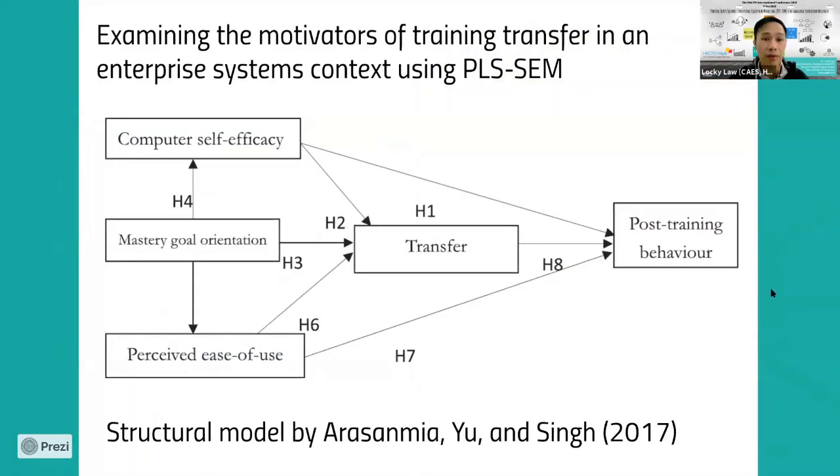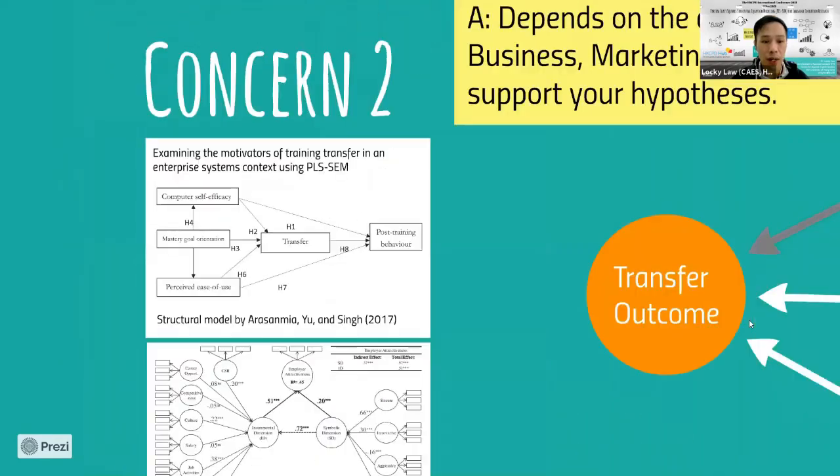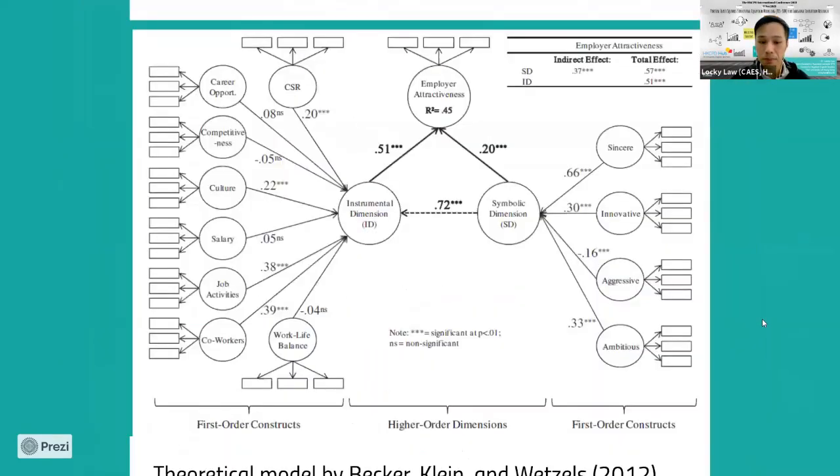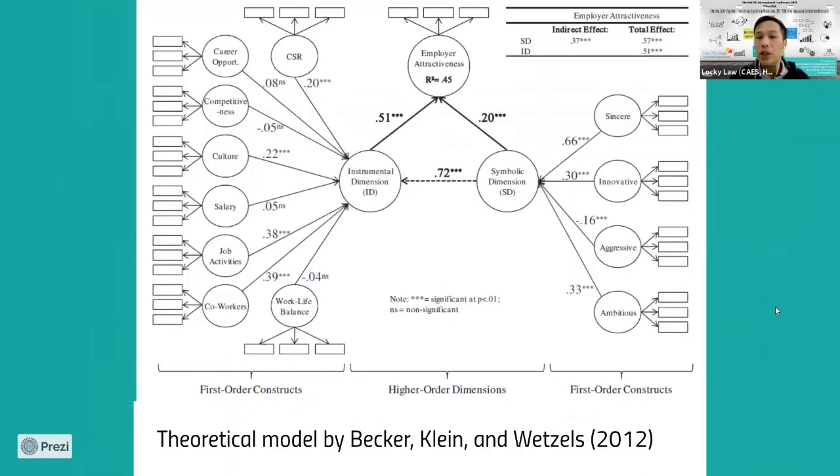So we have this example on the relationship between motivations and transfer, and then there is also another example. It's very widely used in business and marketing. You can see here, this one is on employer attractiveness. So what are the variables that might affect the employer's attractiveness?